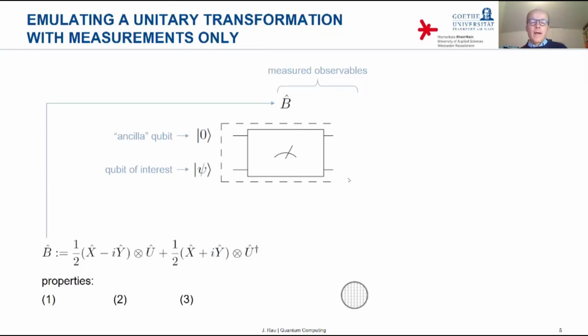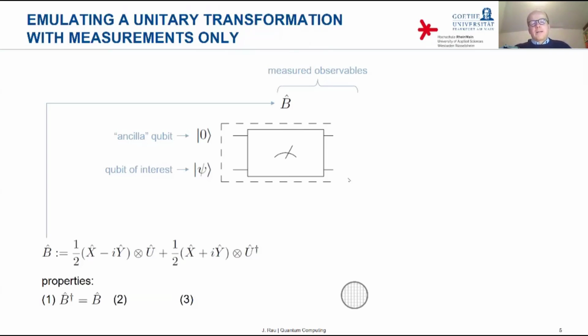First of all, we have to convince ourselves that this is really an observable. And so we have to check that this operator is Hermitian. Now that's pretty straightforward to see if you take the first term in the sum and then take its Hermitian conjugate. Now the Pauli operators, they are Hermitian.